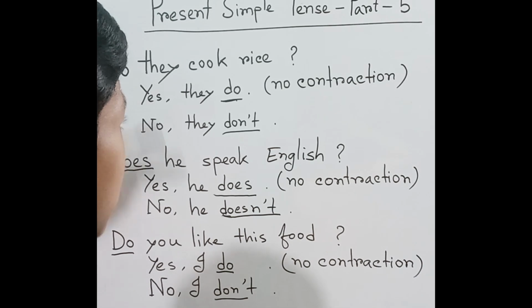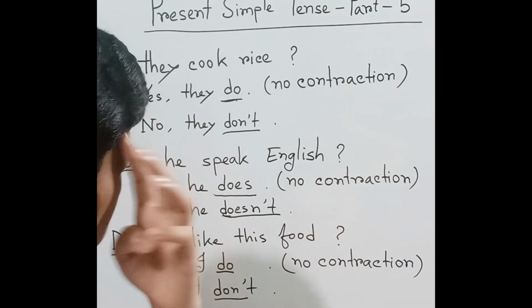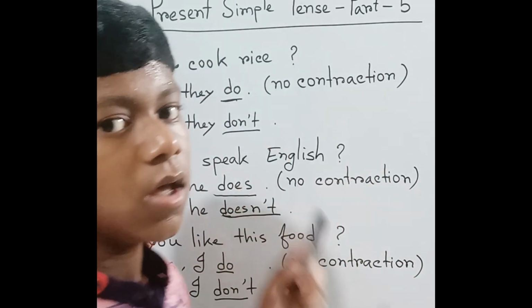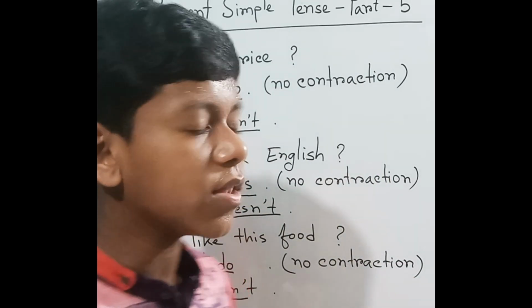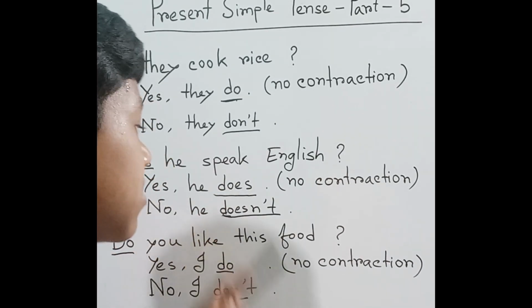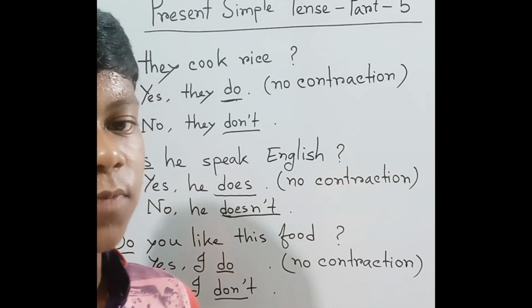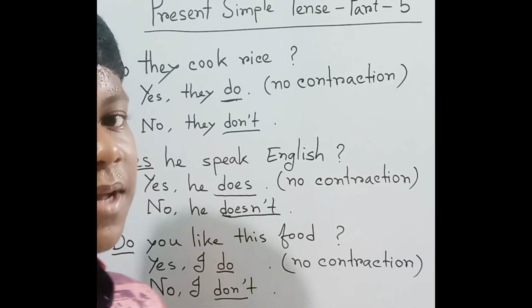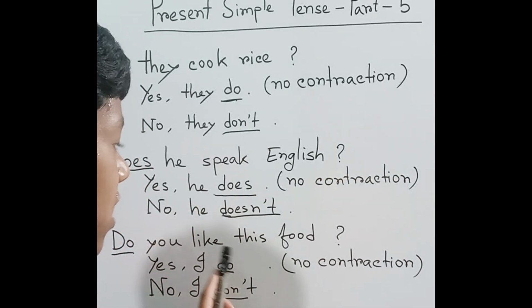If you want to make some examples, you can say, does he sing a song? If you want to answer in positive, you can say yes, he does. No, he doesn't. If you want to say, does she cook biryani? Yes, she does.